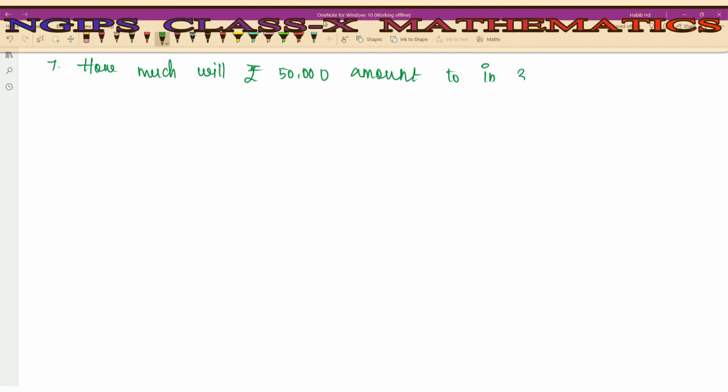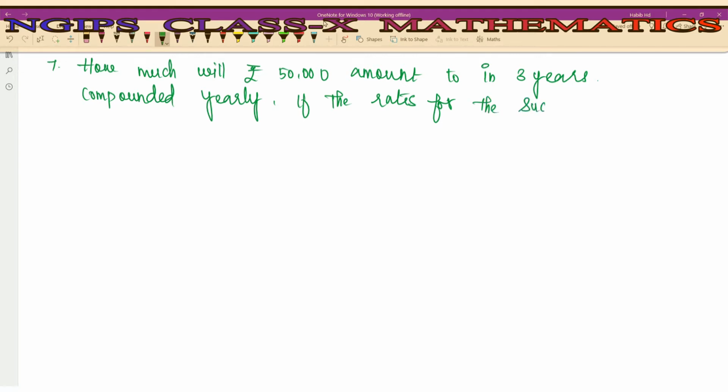They have taken it as compounded yearly, if the rates for the successive years are 6%, 8% and 10% respectively.